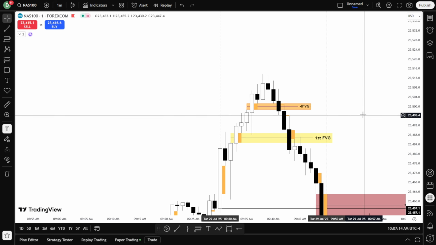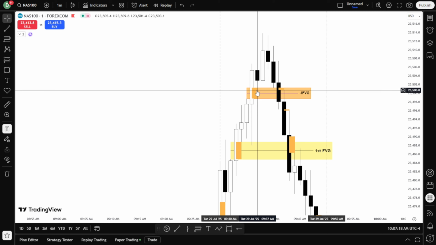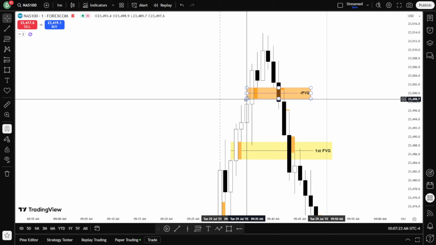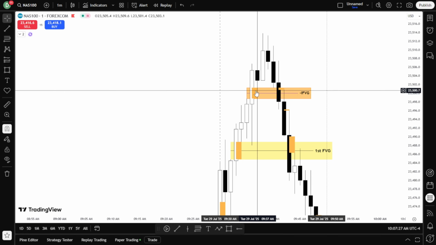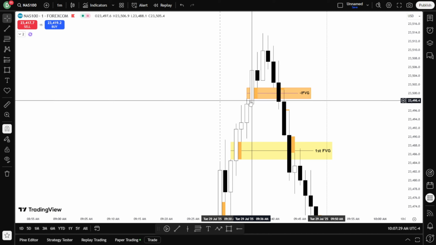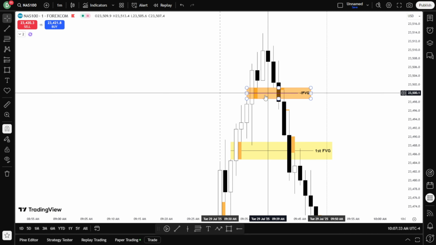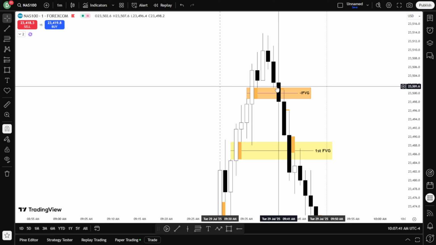And the next reason is, look at this gap. It is a buy side imbalance, sell side inefficiency. But the market came down and did not respect this buy side imbalance, sell side inefficiency. The market did not support it.